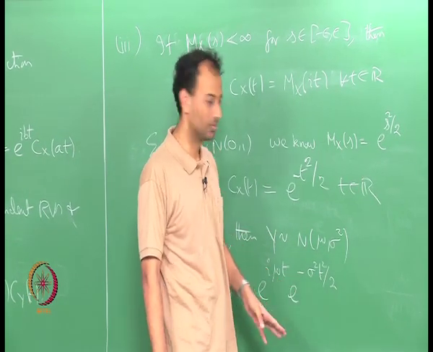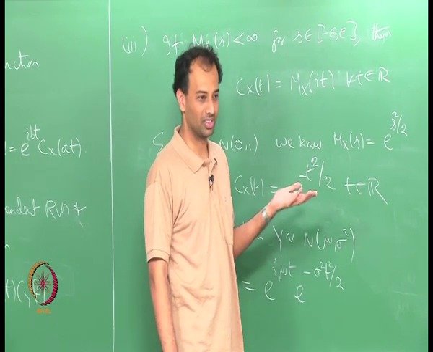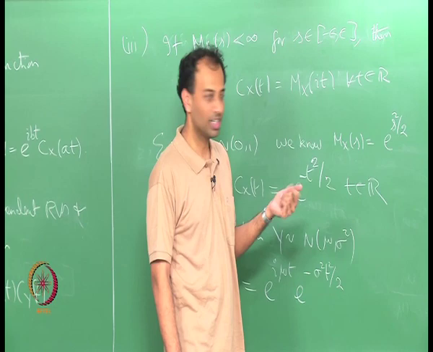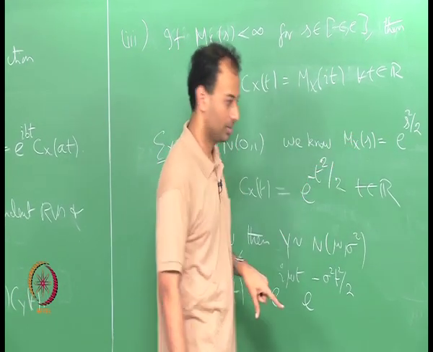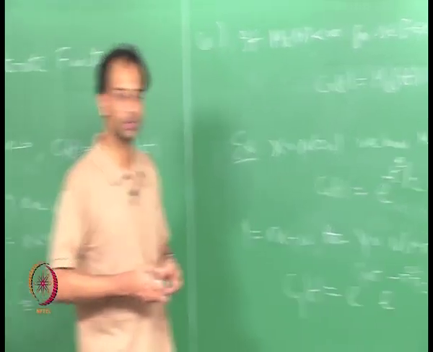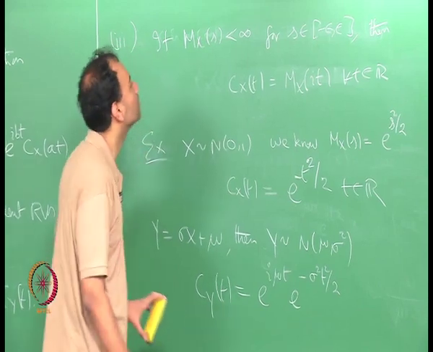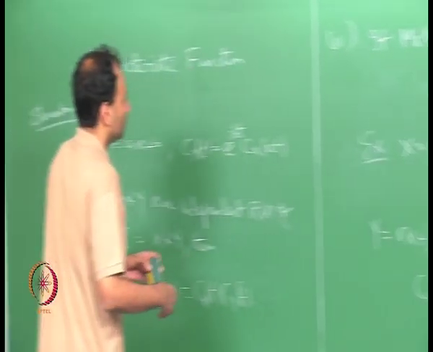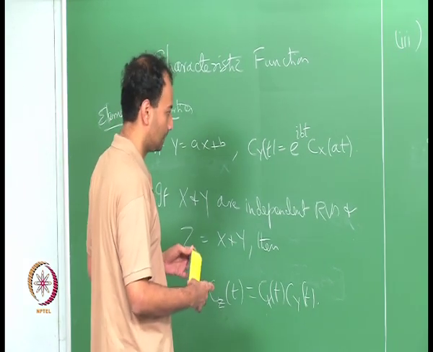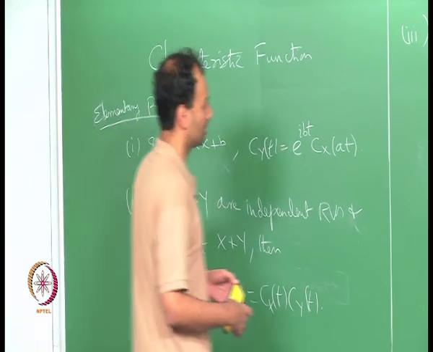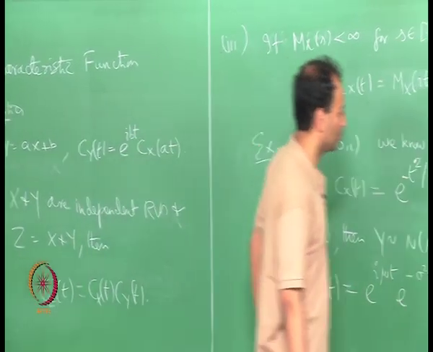You can get it from here, but this result you can get even using the moment generating function, whereas in the Cauchy case you had to use the characteristic function, because the moment generating function does not exist. Is this clear? Yeah, so this is I guess not particularly elementary, but we will not prove this. Okay.